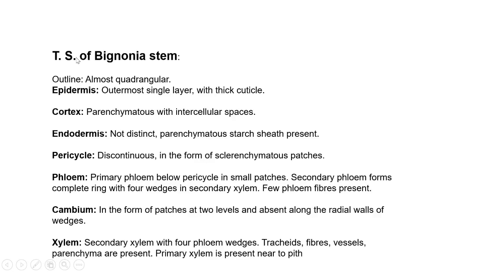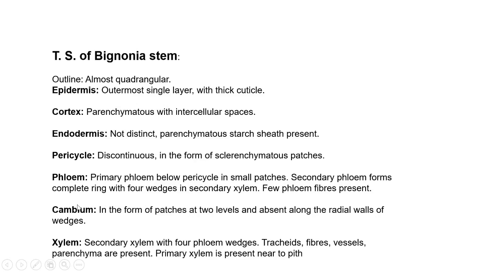If you observe one by one the different organs of the Bignonia stem: outline almost quadrangular. Epidermis is the outermost single layer with thick cuticle. Cortex just below the epidermis is parenchymatous with intercellular spaces. Endodermis not distinct. Parenchymatous starch sheath present. Pericycle is discontinuous, in the form of sclerenchymatous patches. Primary phloem below pericycle is in small patches.